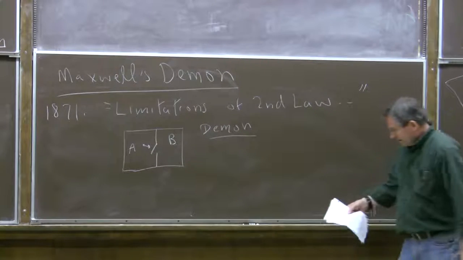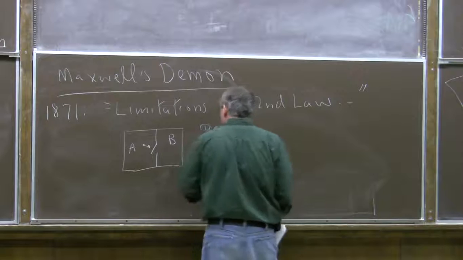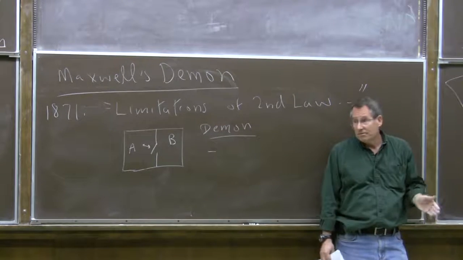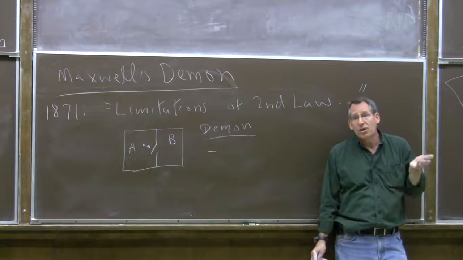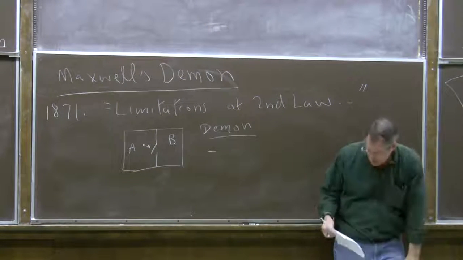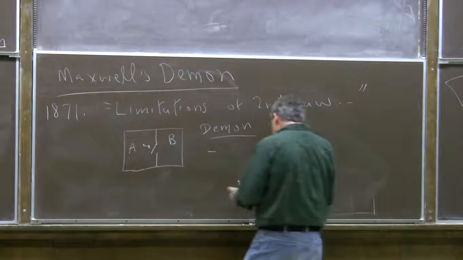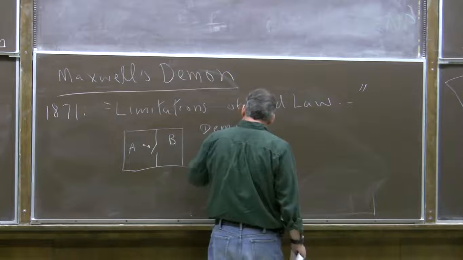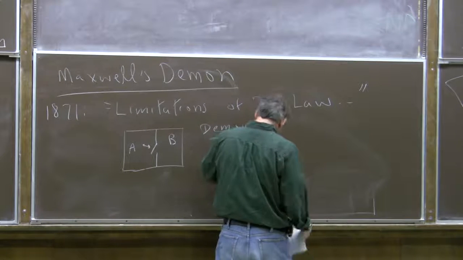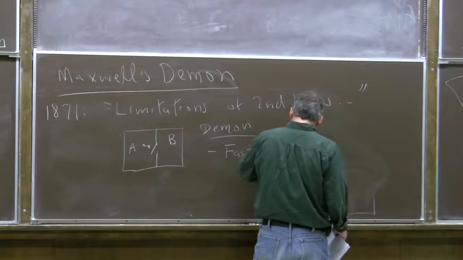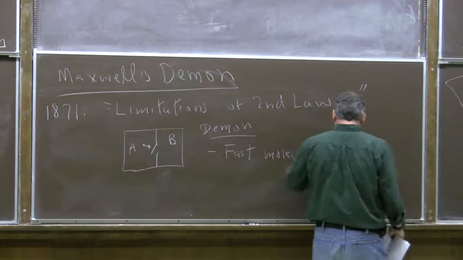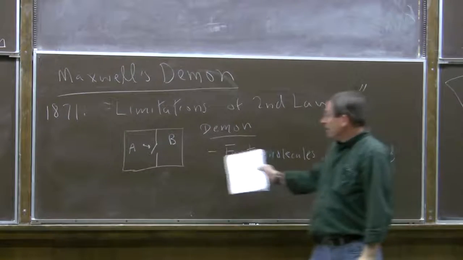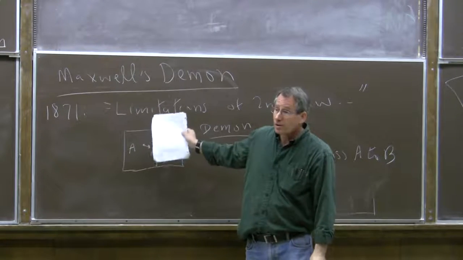And he allows any molecules that are going faster than typical to pass. There's a Maxwell distribution of velocities, right? Some are going faster, some are going slower in equilibrium. And so when he sees fast molecules heading towards the door, he allows them to pass if they're going from A to B. But if they're trying to go from B to A, he doesn't let the fast molecules through.